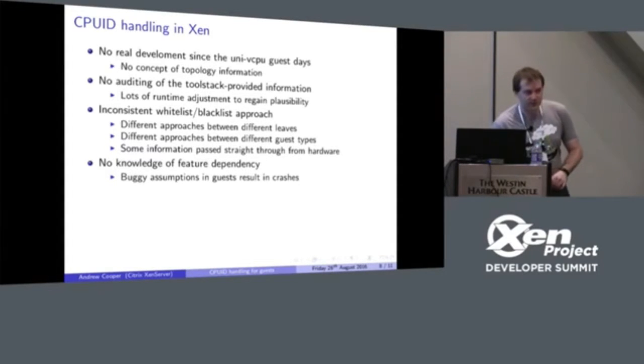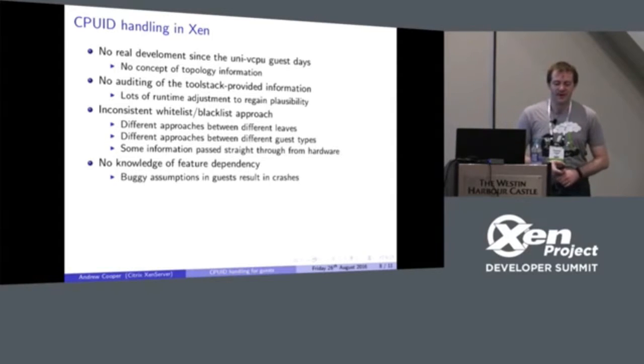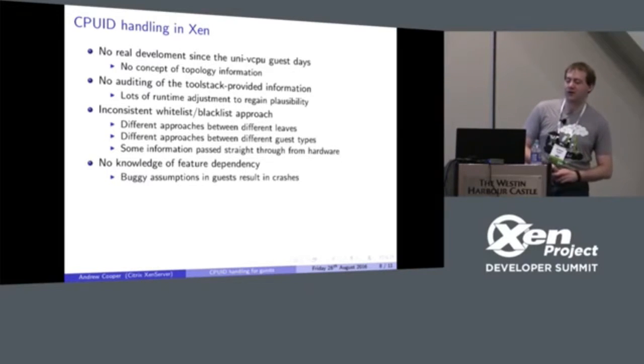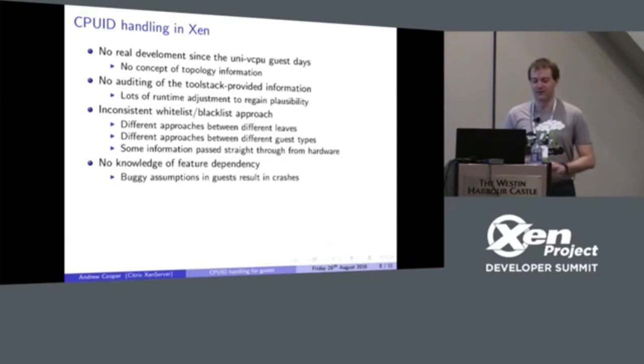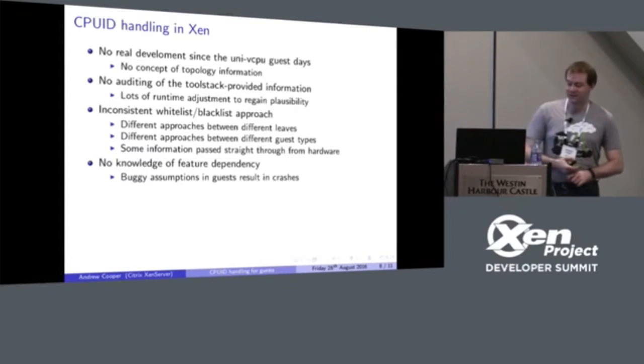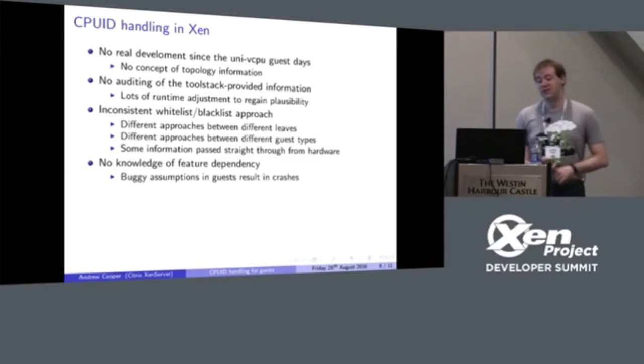One problem that we had, there was a bit of feature dependency logic in there, but it wasn't great and it certainly wasn't consistent. Of course, we know everyone writes perfect code with no bugs in it. And as a result, we get various issues in guests.